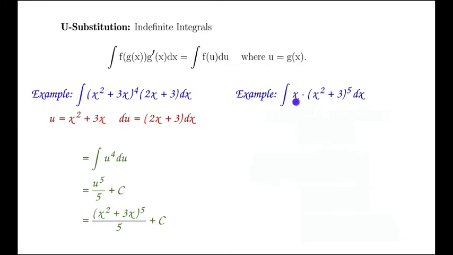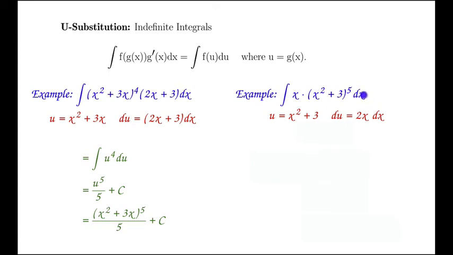Here we have the integral of x times x squared plus 3 to the fifth times dx. Well, it looks like a similar thing might work, so we might try u equals x squared plus 3. From this u, we compute du, and so when we compute du, we take the derivative. So du is 2x times dx. Now we don't have a 2x times dx here, but we do have an x times dx.